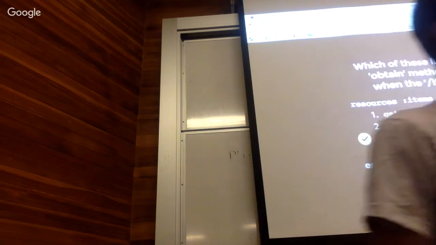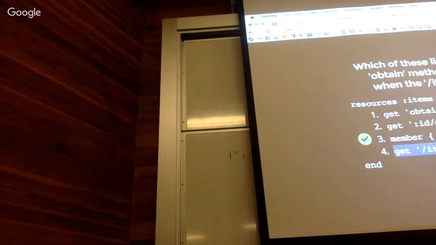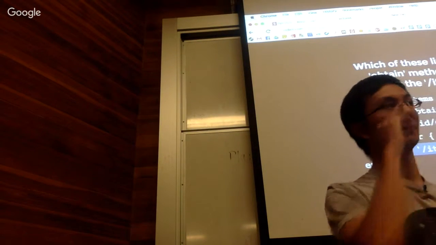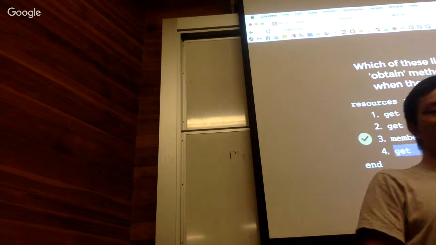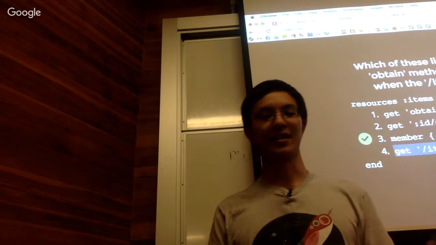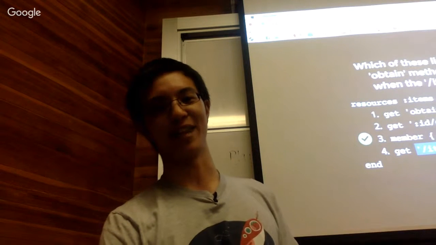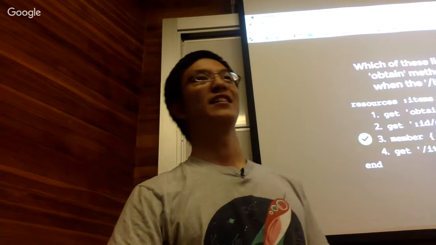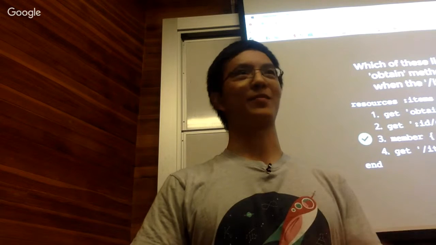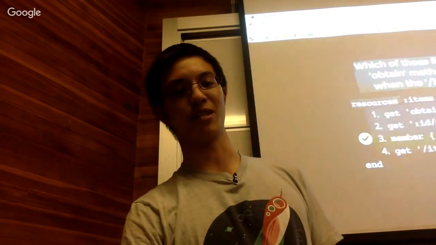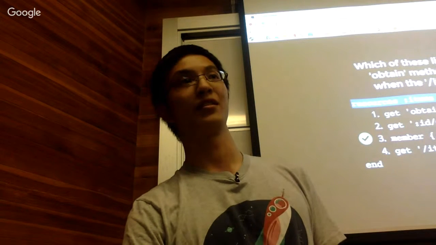That's right. So our friend here says it's the only one that looks like it matches the right URL to the right controller and to the right action. Now, in most other circumstances, this would be the right answer. But the problem here is, again, this resources block that's surrounding this line of code.